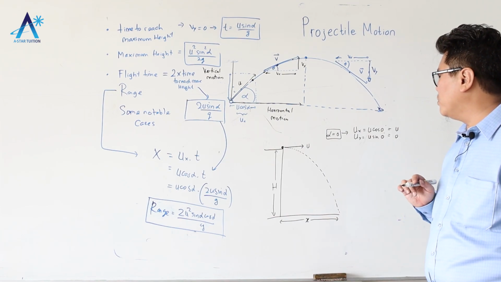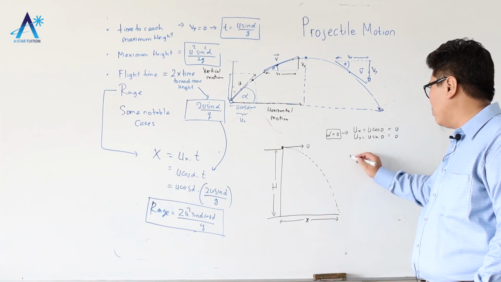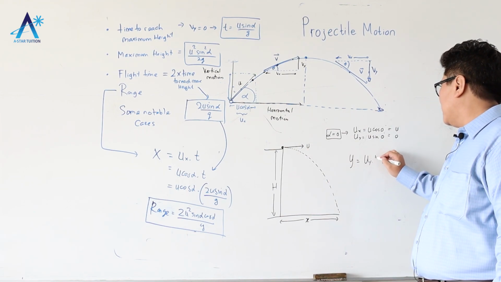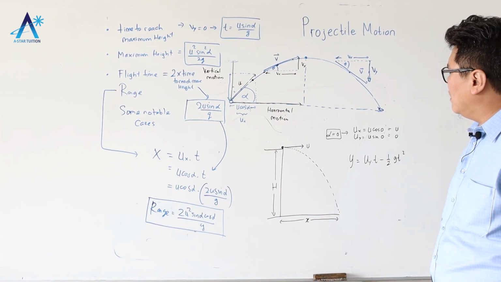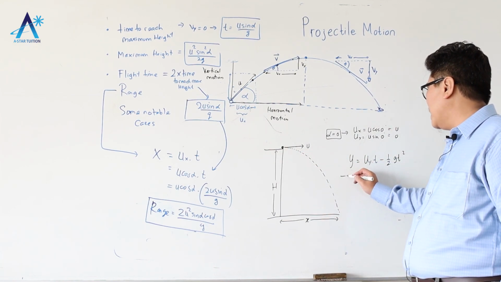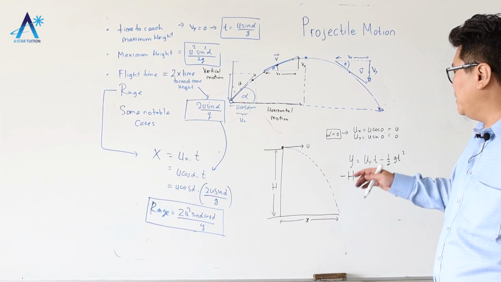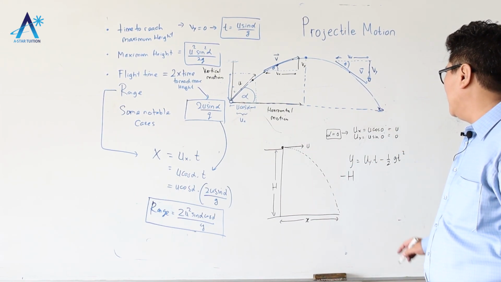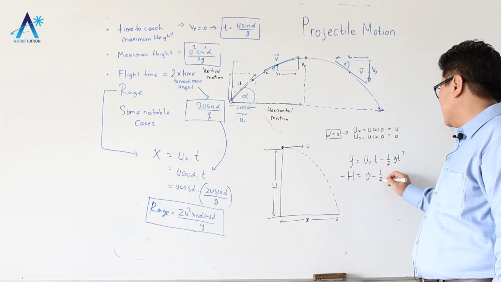Here you can use the displacement: y equals uy t minus half g t squared. Now y is the vertical displacement, and once it reaches the ground, y is actually minus h, because it's h meters below the initial position, and uy is 0.